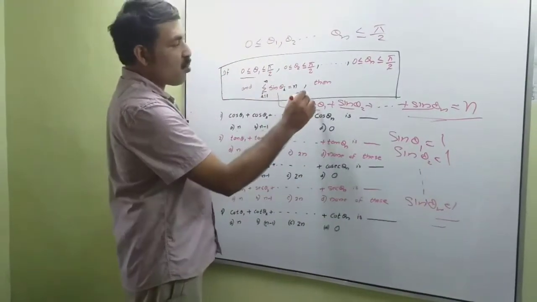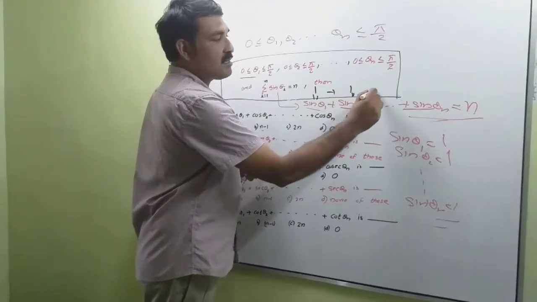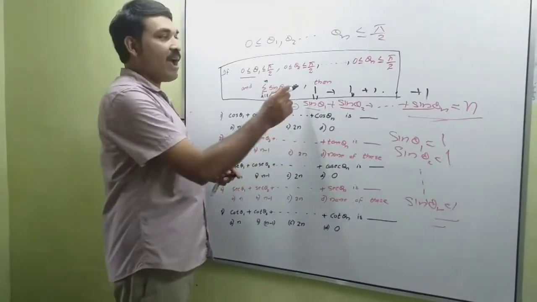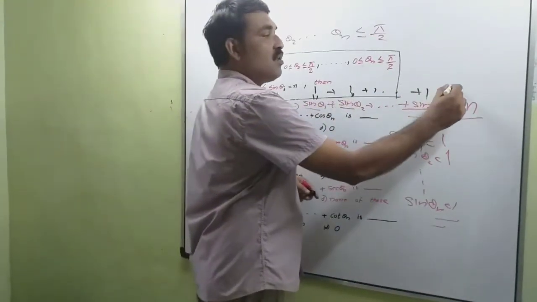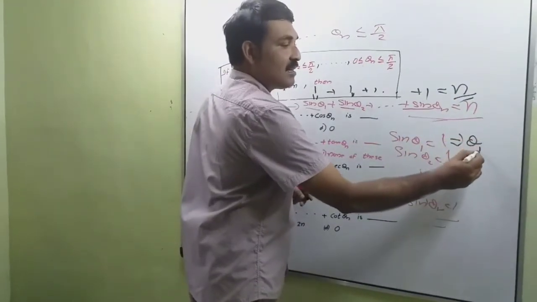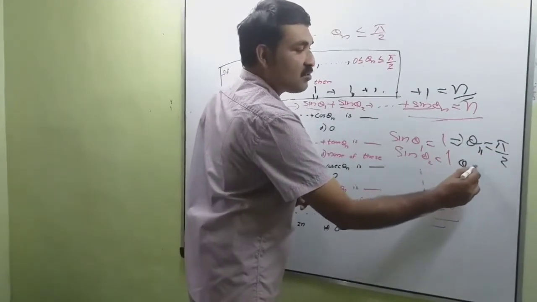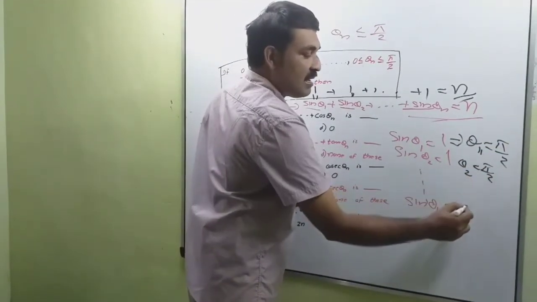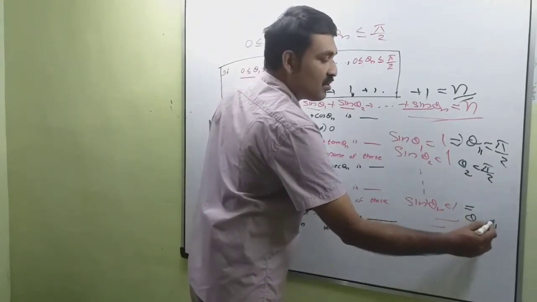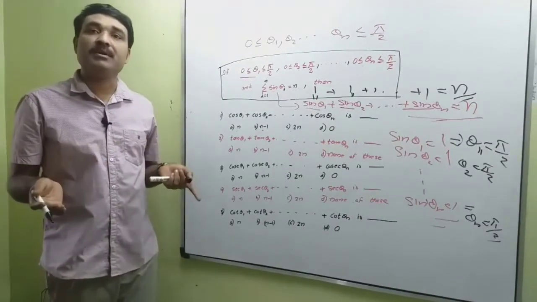Otherwise the sum of 1 plus 1 plus 1 up to 1 has n ones, so this is equal to n. This implies theta 1 is equal to pi by 2, theta 2 is equal to pi by 2, and again theta n is equal to pi by 2. From this condition, we arrive that all angles are equal to pi by 2.